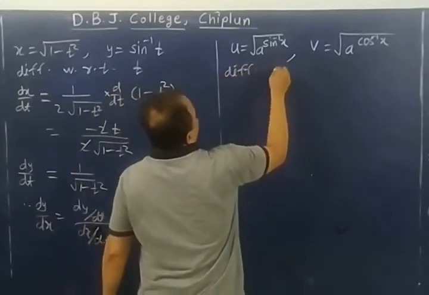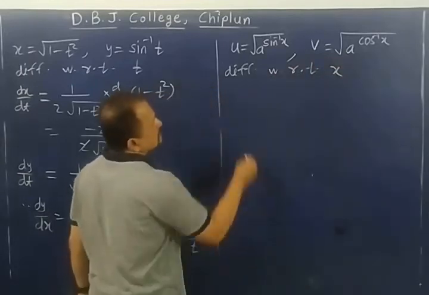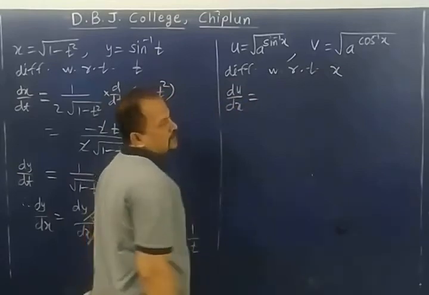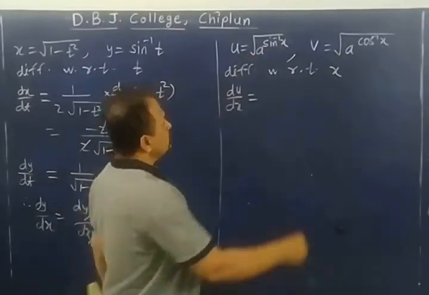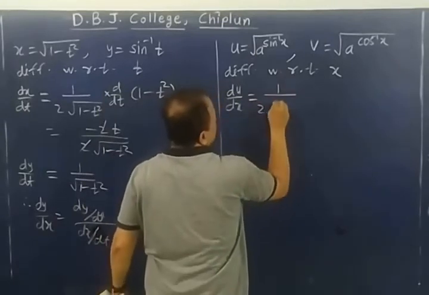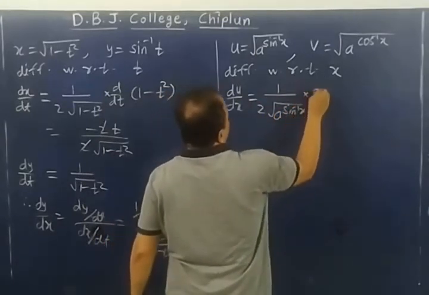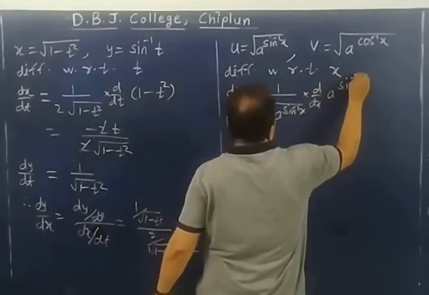differentiating with respect to x, du by dx is equal to derivative of square root bracket, 1 upon 2 root bracket, a raised to sine inverse x into derivative of a raised to sine inverse x.